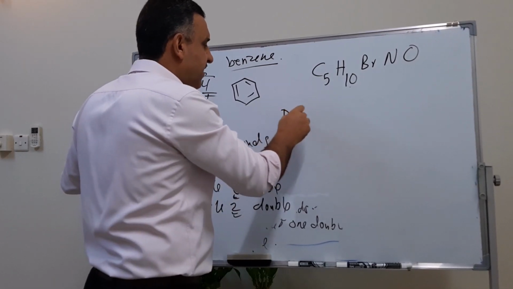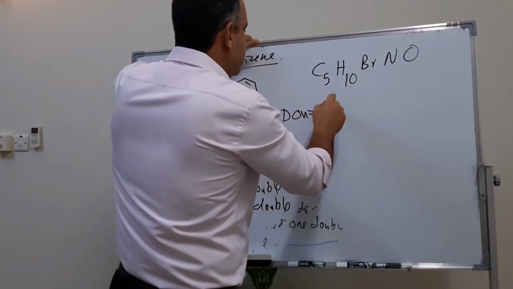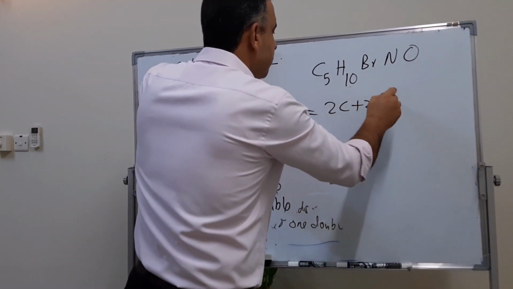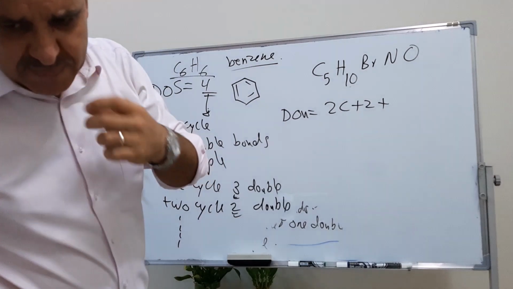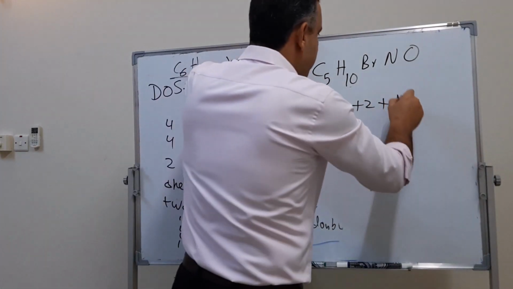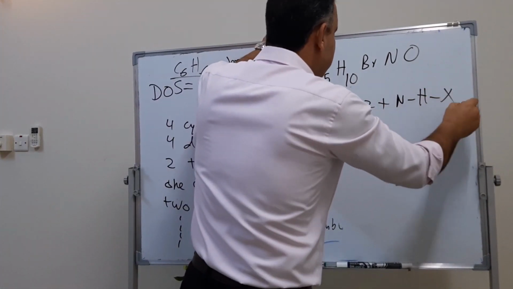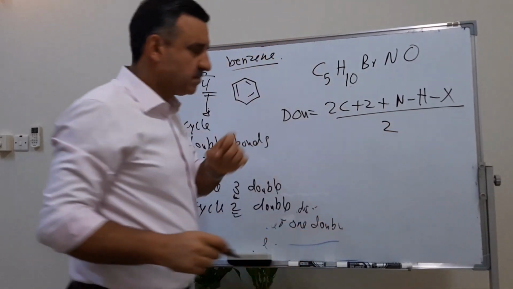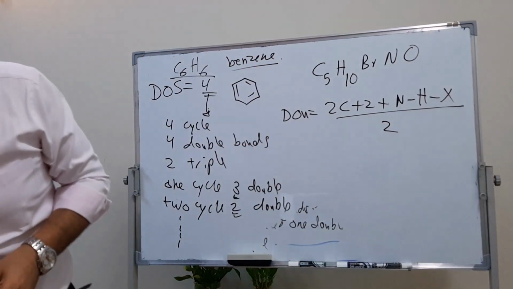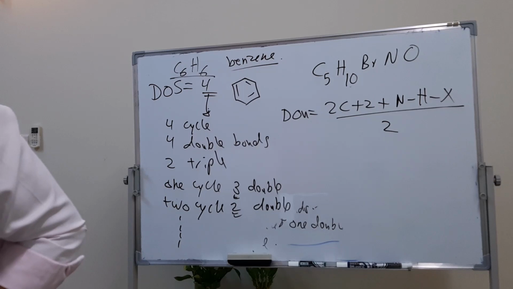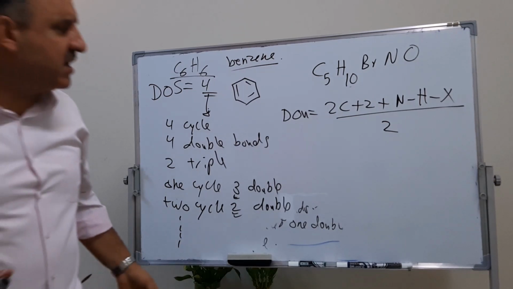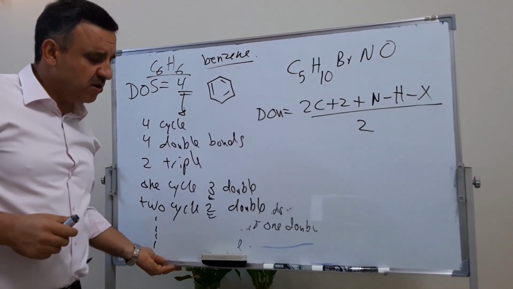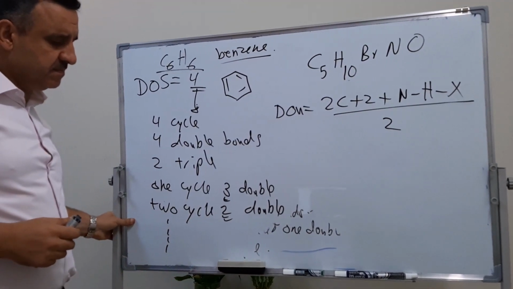The degree of unsaturation equals (2C + 2 + N - H - X) over 2. This is simply how we can calculate the degree of unsaturation all the time. Can you see it?